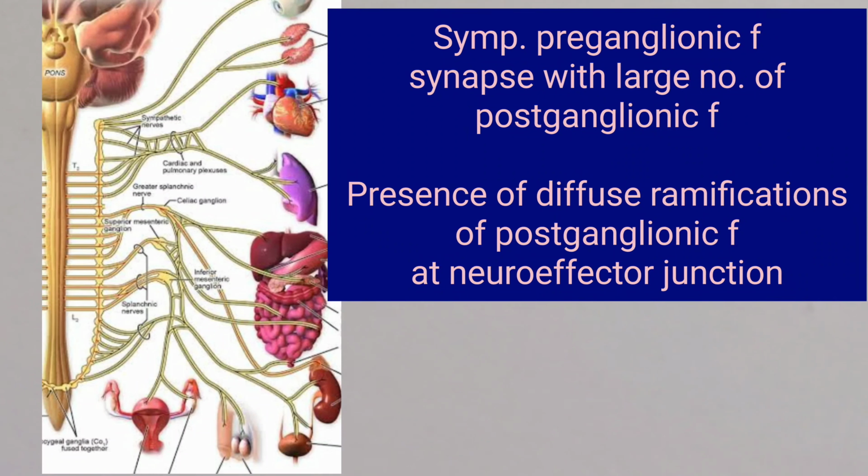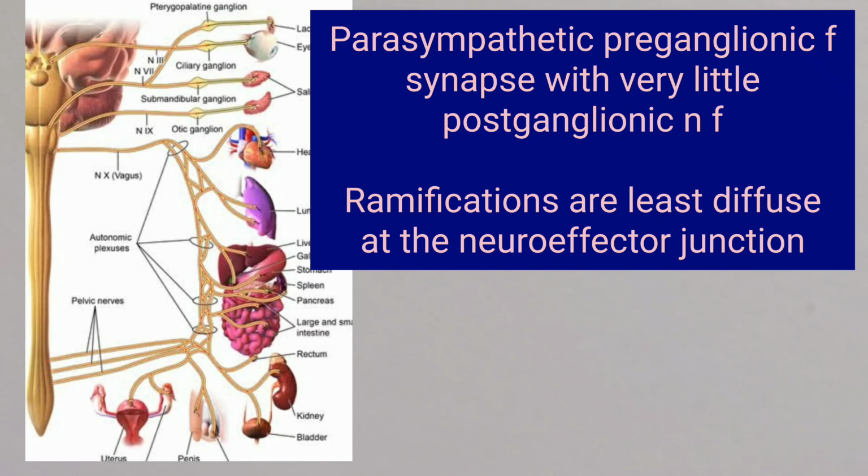Whereas in the parasympathetic system, the preganglionic fibers tend to synapse with a very small number of postganglionic parasympathetic fibers, and the ramification of postganglionic parasympathetic fibers at the neuroeffector junction is least diffused. Hence the area covered may be less.